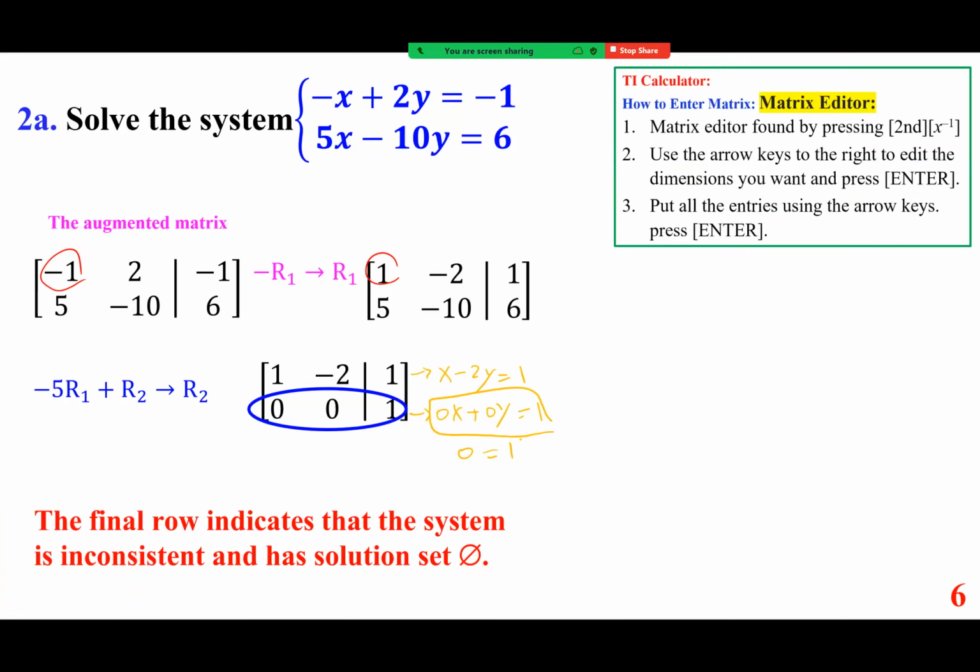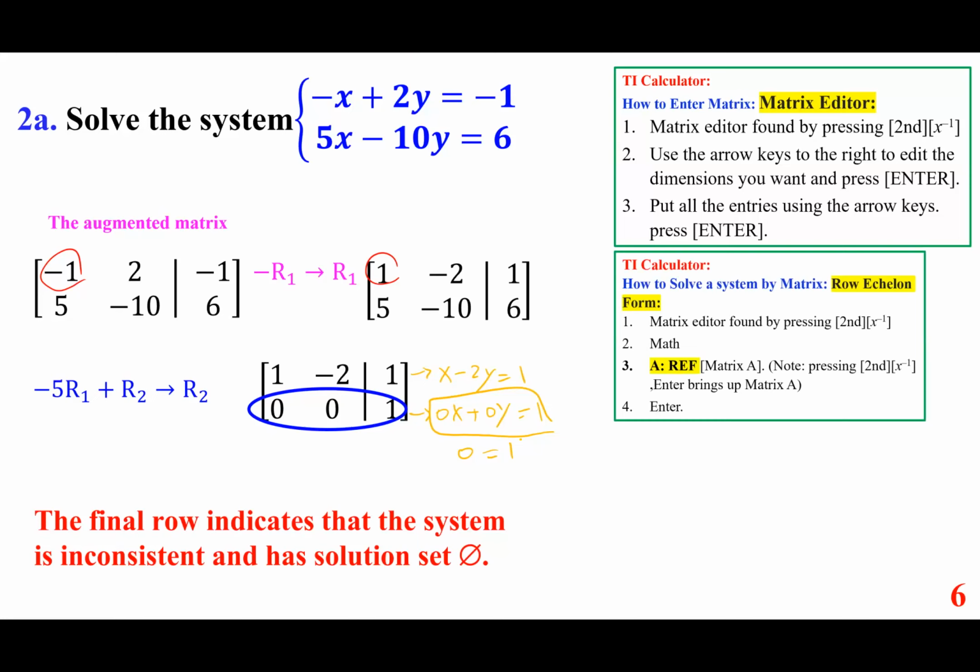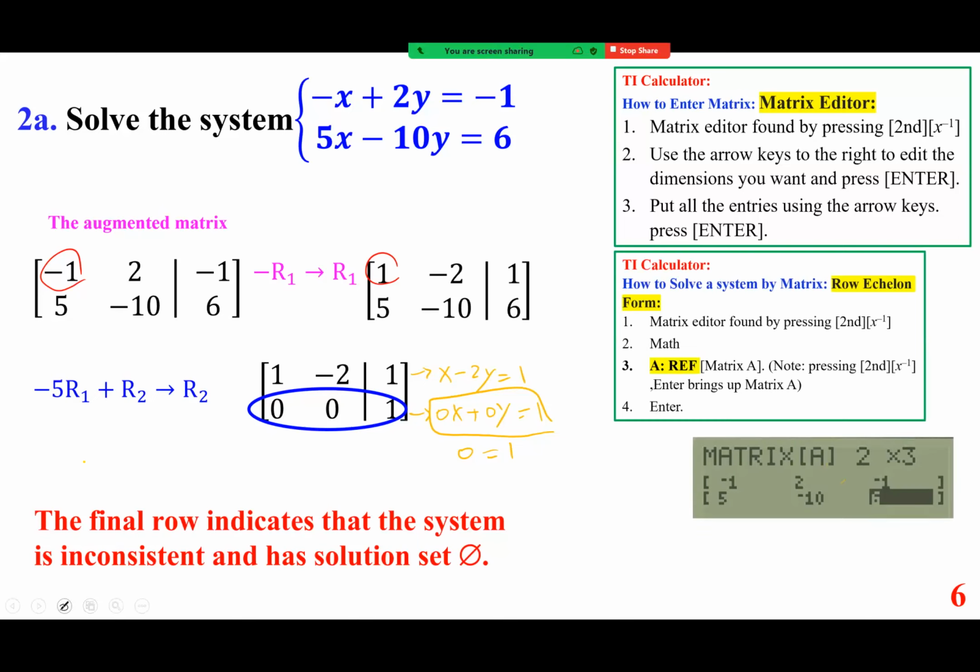And as I mentioned, you enter the matrix in this fashion using the matrix editor. Put all the entries, and then you solve it. So here's matrix A, and we chose it to be 2 by 3, and we put -1, 2, -1, and then 5, -1, 6 here.